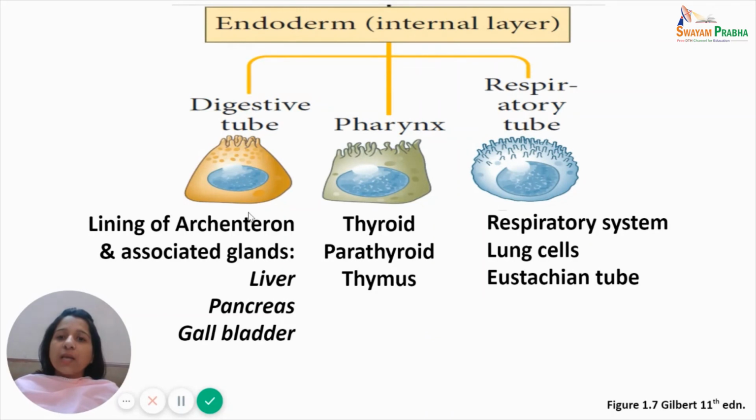It forms the lining of the archenteron, and associated glands like the liver, pancreas, and gallbladder are endodermally derived. It also forms the pharynx and the associated glands like thyroid, parathyroid, and thymus. Endoderm further also develops into the respiratory system. It forms the complete respiratory tube. It also forms the lung cells as well as the eustachian tube.